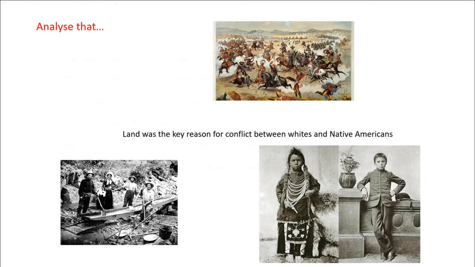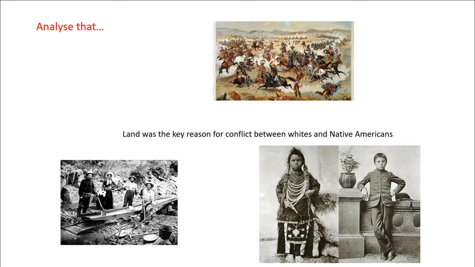If we look at this as a particular example: land was the key reason for conflict between whites and Native Americans. Well, undoubtedly land was a key reason. You could argue that land was the main reason. The fact that Native Americans were nomadic and didn't see land as something that could be owned and a resource that could be tapped in the same way as white America was undoubtedly crucial to the conflict.